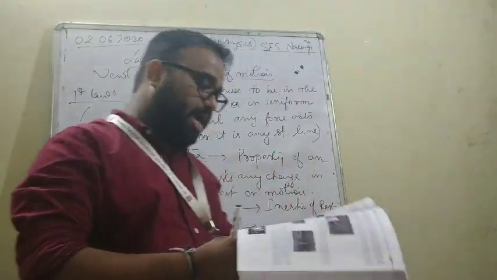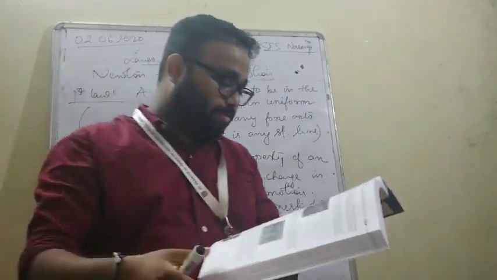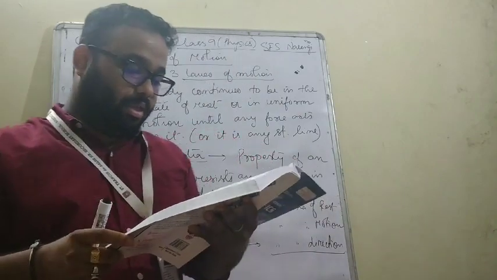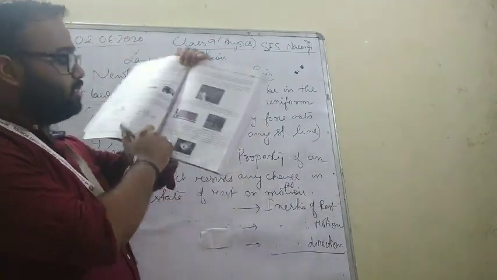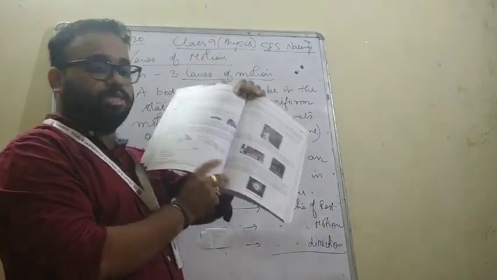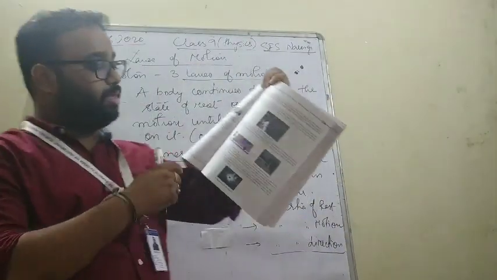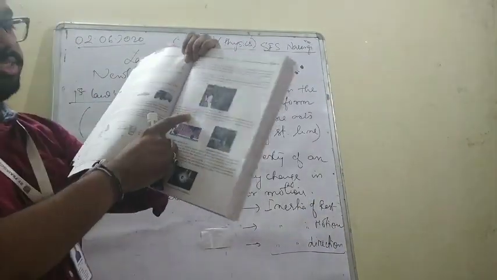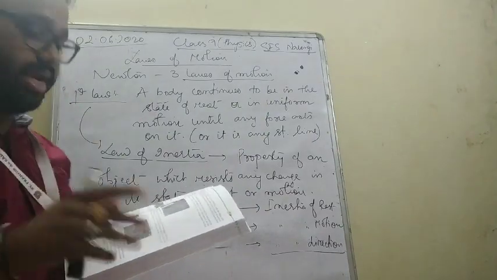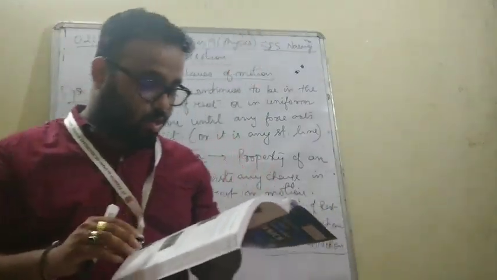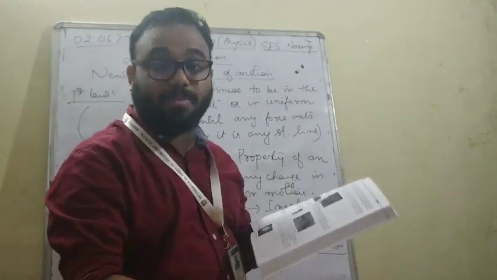So I have some practical examples here. Sudden starting of a stationary bus. Can you see this particular diagram? Suppose that both the passenger and the bus are at rest. When the bus starts, the feet of the passenger start moving forward with the bus.